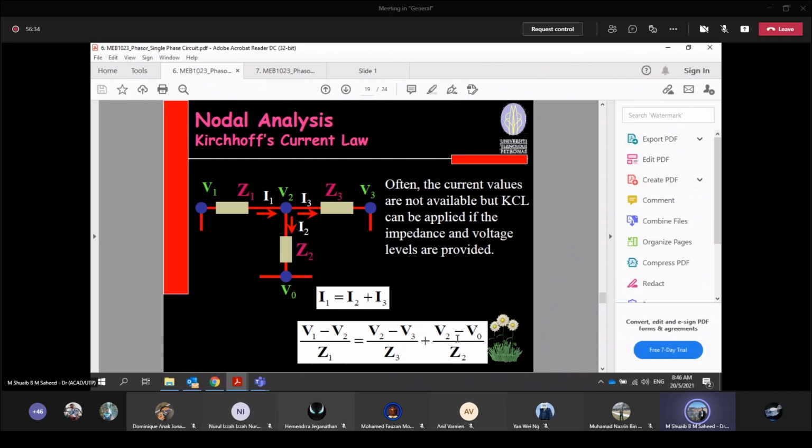What is I3? V2 minus V3 over Z3. So how do you choose which voltage comes first? From the starting to the ending. I1 means V1 minus V2 passing through Z1, so you put Z1. Now you have all of this, you can solve.